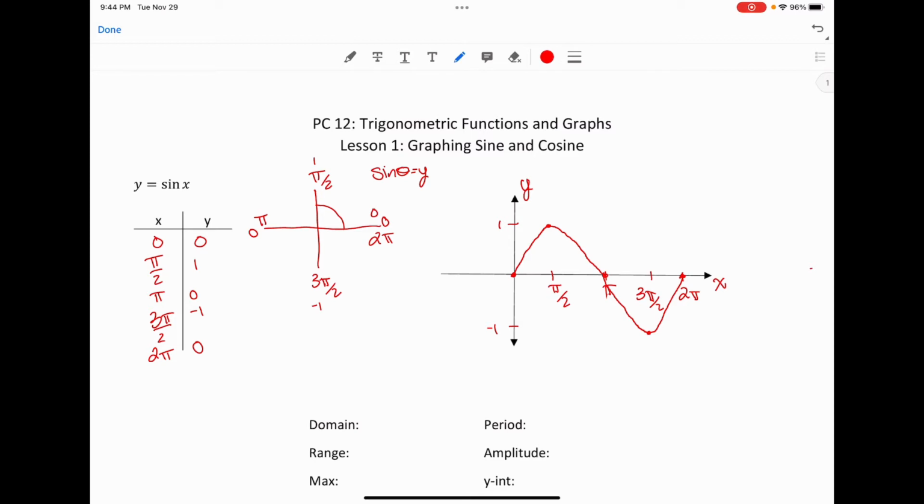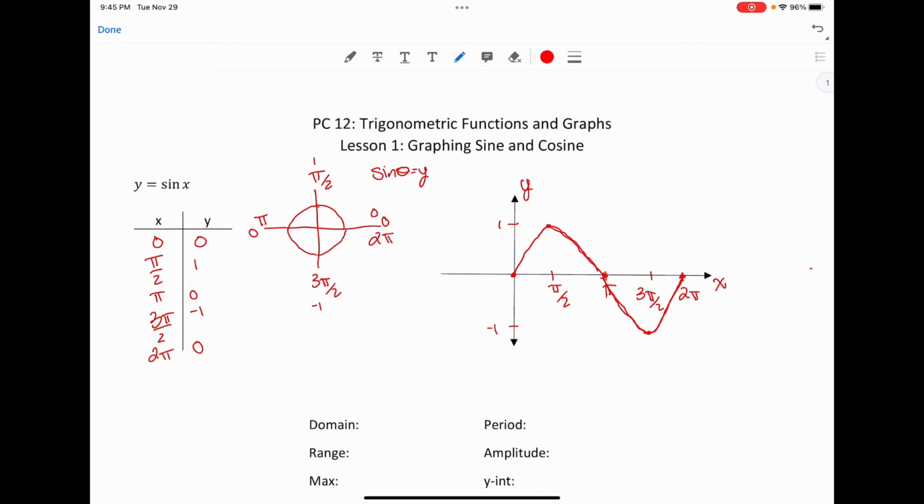So you can see we're heading from 0 up to 1. And then in quadrant 2, sine is still positive, but we're heading from 1 down to 0. And then in quadrant 3, sine is negative. We're heading down to -1. And then in quadrant 4, it's still negative, but we're heading back up to 0.